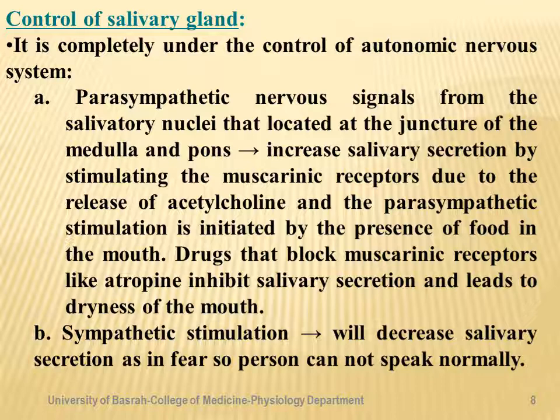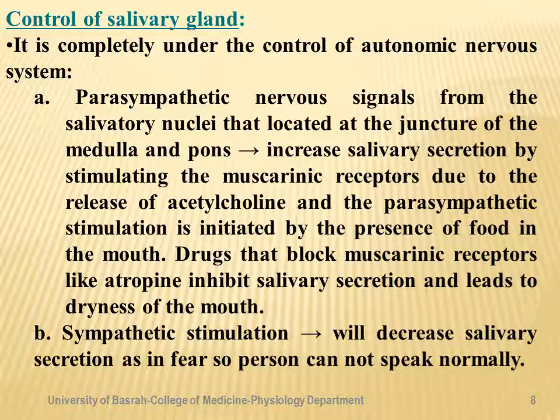The control of salivary glands is completely under the control of the autonomic nervous system, that is, parasympathetic nervous signals from the salivary nuclei located at the junction of the medulla oblongata and pons.